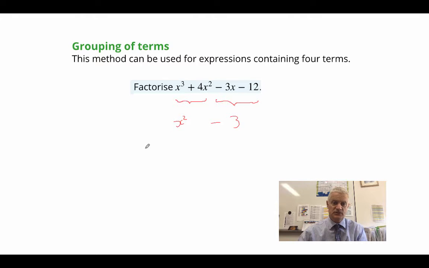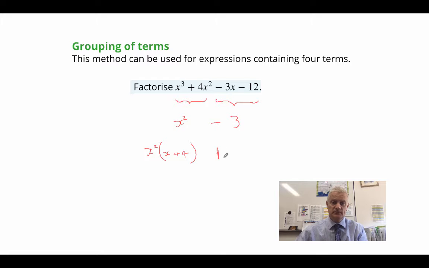So x squared, I'll just go down here a bit, x squared. What would be in the brackets here? Well, it'll be an x, and then plus 4, I think, yeah. And then the second set of numbers, these two, well, minus 3x divided by minus 3 is going to be 1, isn't it?